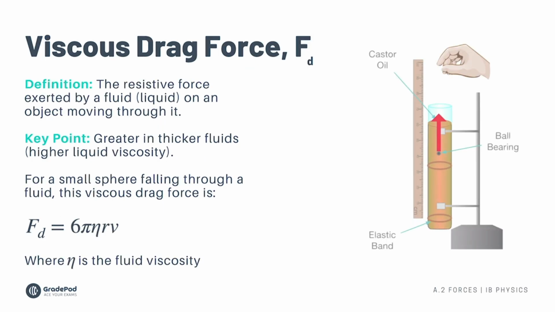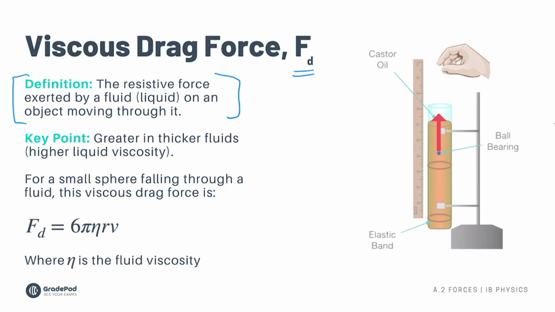The next contact force is called viscous drag force, and it is given the notation F_d. The definition is the resistive force exerted by a fluid on an object moving through it.